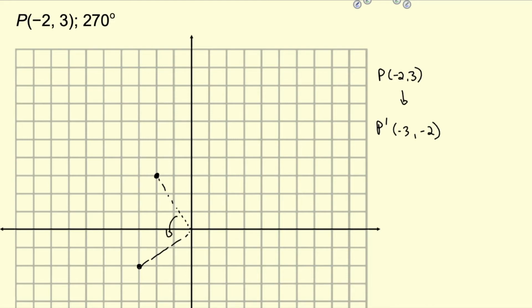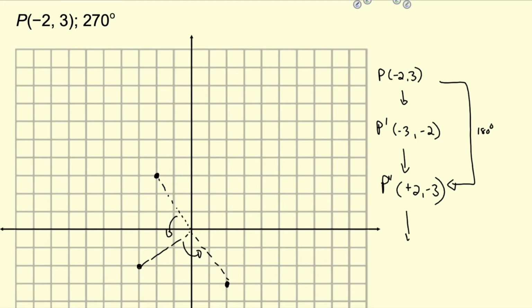We do it again. Switch the x and the y and change the sign of the first one. There's another 90-degree rotation. Or from here to here is a 180-degree rotation.